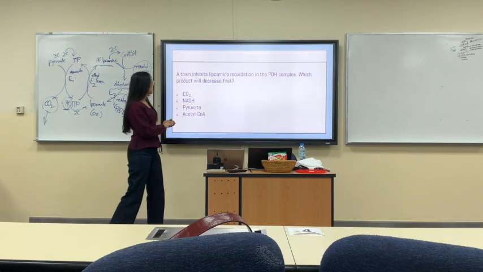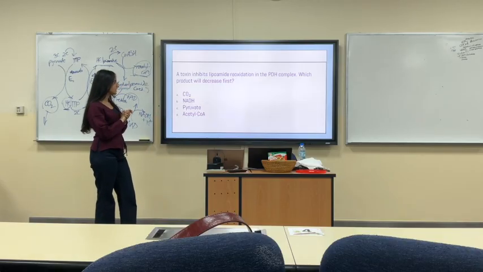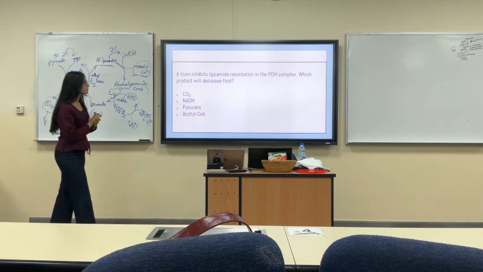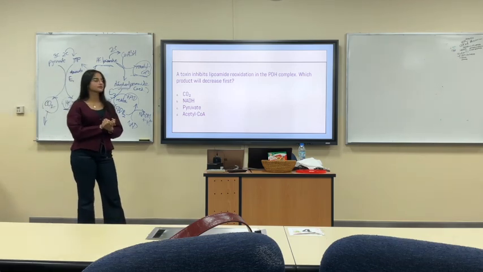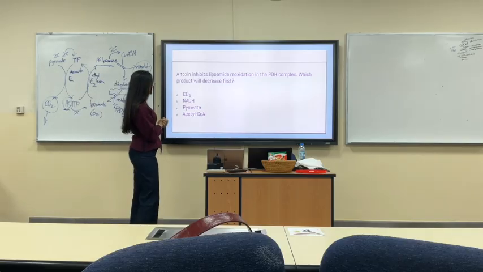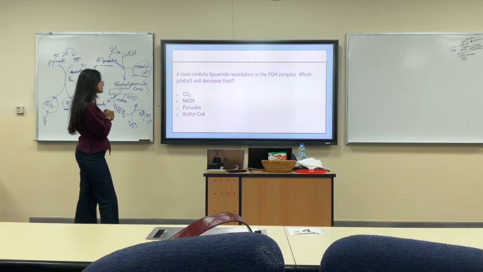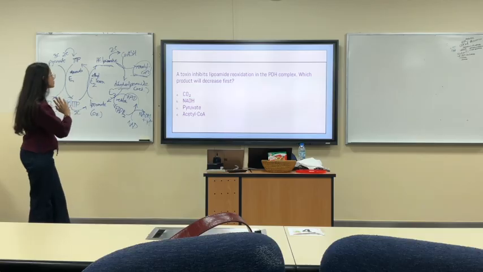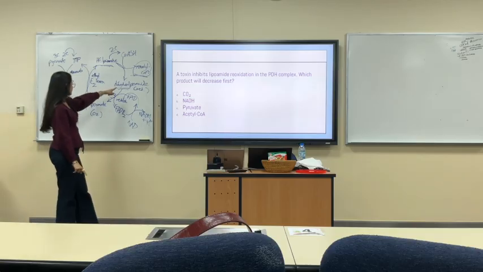Okay, finally, a toxin inhibits lipoamide reoxidation in the pyruvate dehydrogenase complex. Which product will decrease first? Yes? B. NADH. Okay, so let's look back at lipoamide reoxidation. So here we have lipoamide.